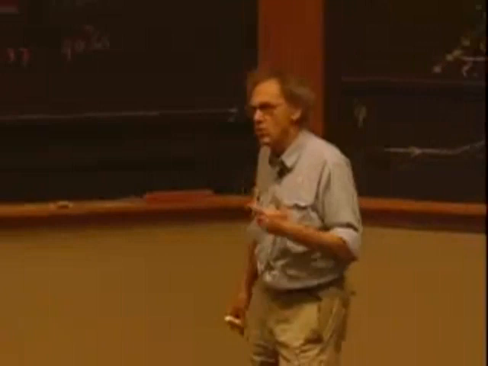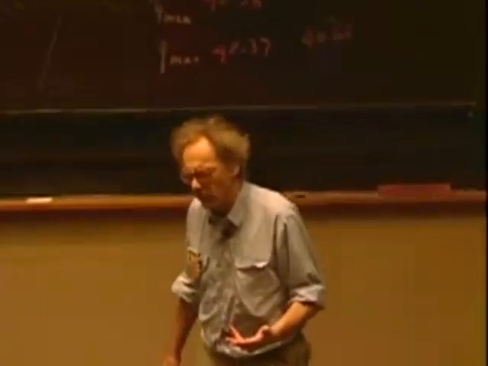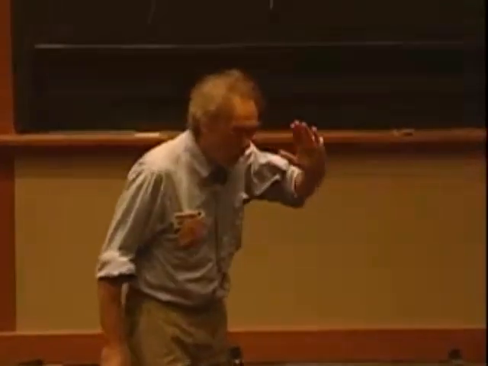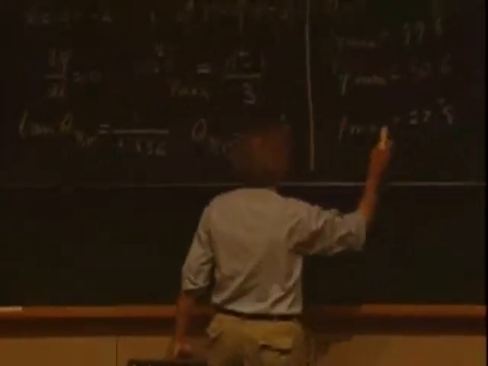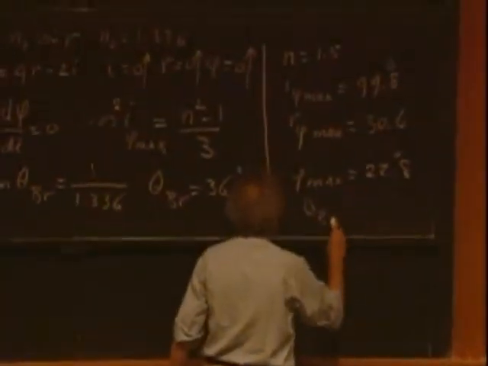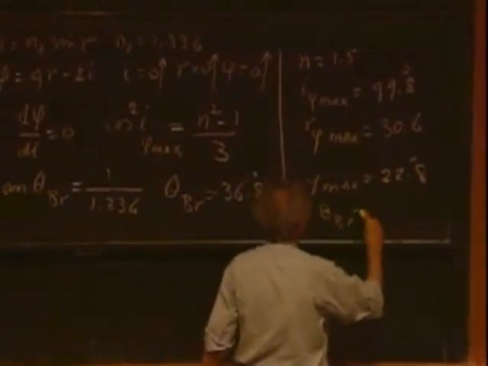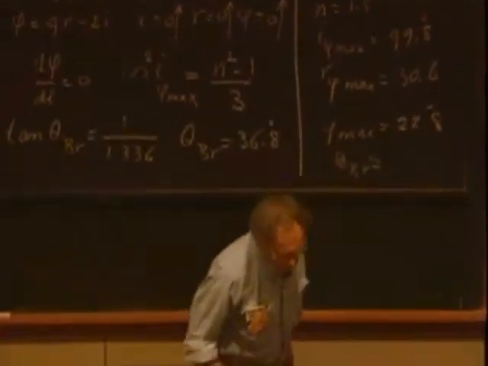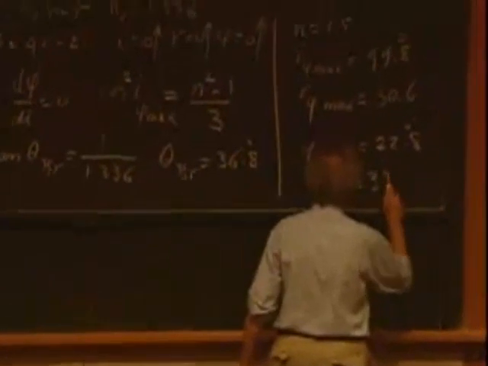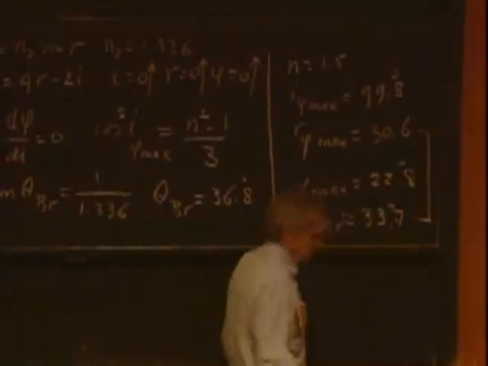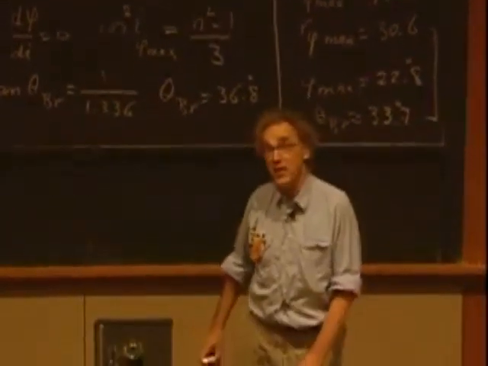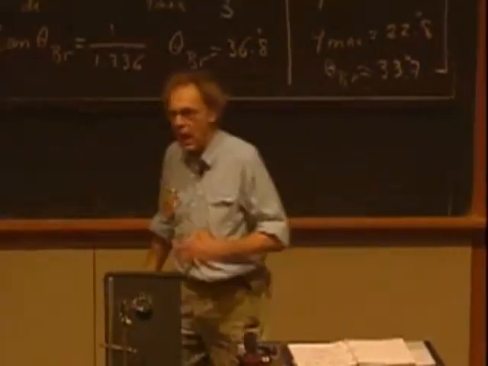And so I concluded that that was probably very close to the value here, which makes the rainbow. So the theta Brewster for the transition from glass into air is about 33.7 degrees. And it is within 3 degrees of this value. And even though I couldn't be so precise there on the spot, I concluded it had to be highly polarized.